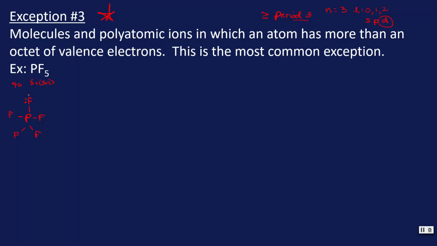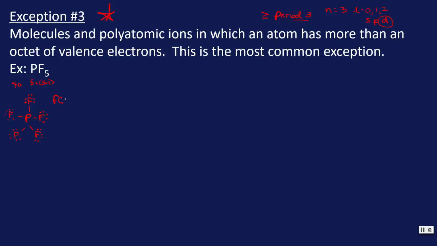Now let's complete the octets. And when we count all our electrons, we do in fact have 40 electrons. But wait, I said that phosphorus, which is part of the nitrogen family, should want 3 bonds and a lone pair. So this must have a formal charge.